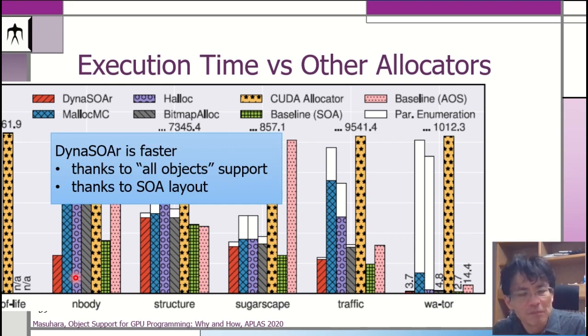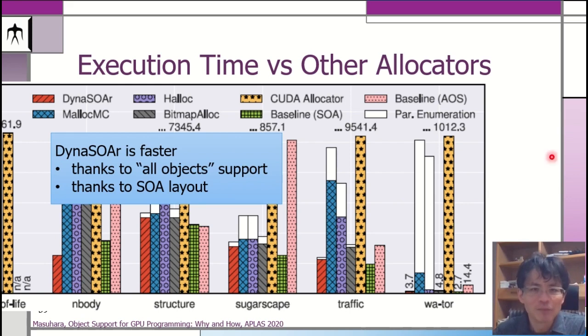By analyzing the breakdown of the execution times, we found that Dinosaur is faster thanks to the support for enumerating all objects, and also thanks to the structure of array memory layout.